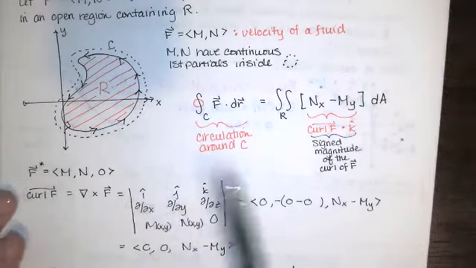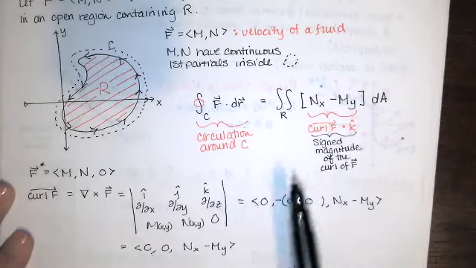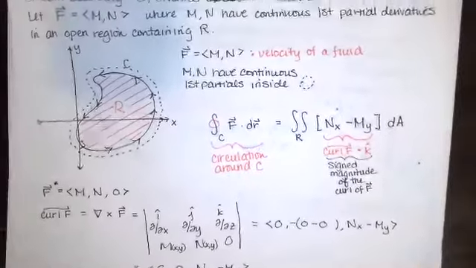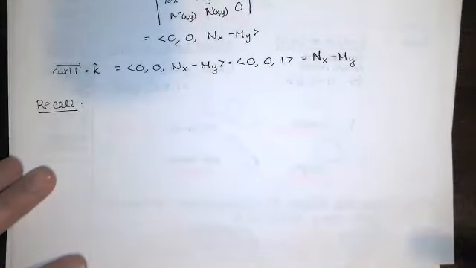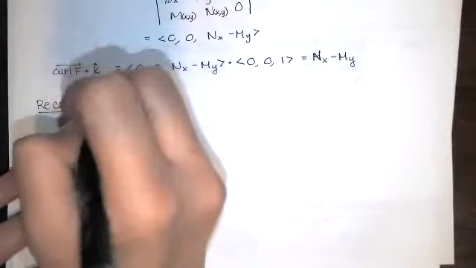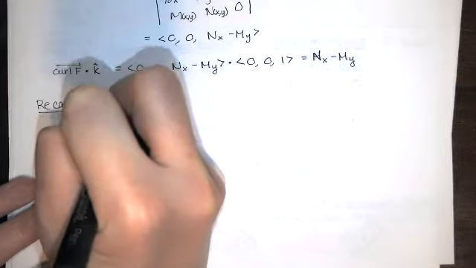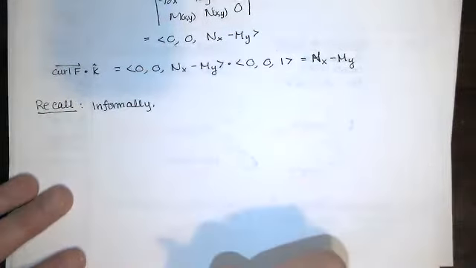Okay, so in order to really understand this, I need to remember what curl is. So let's review briefly what curl is. When we talked about curl, we said informally, or I think I used the word intuitively, but I've been using those words interchangeably.